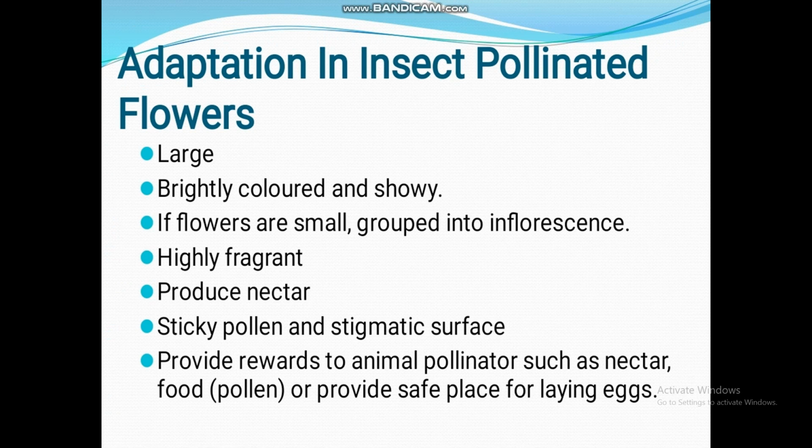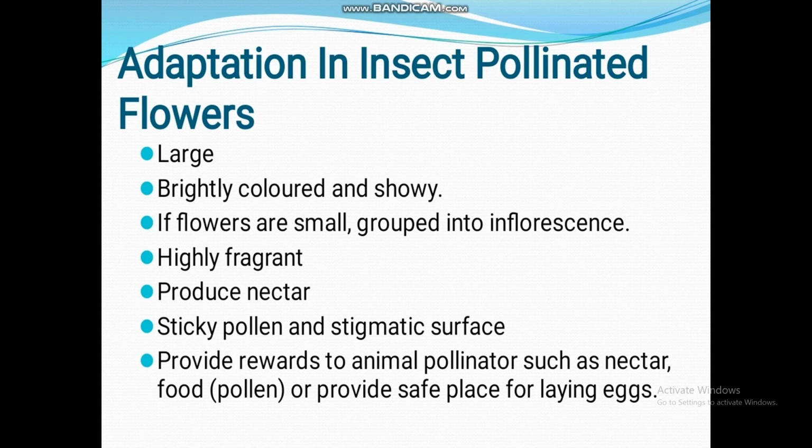Highly fragrant means they release a specific fragrance, and that fragrance attracts a specific insect to carry out pollination. They produce nectar because insects require a reward to carry out pollination. That's why these flowers produce nectar.